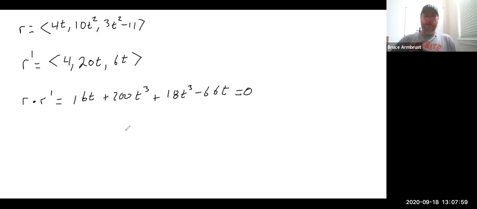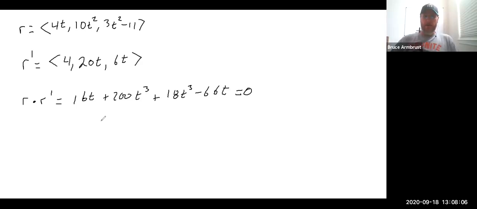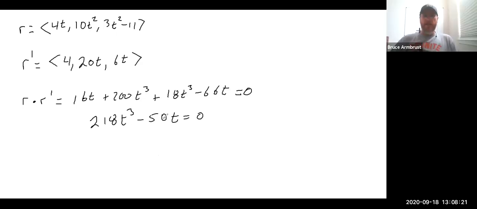Yeah. We're all good? Is it when t equals 0? Well, that is one of the values. There's going to be more than one. If I group like terms, I've got 218 t cubed minus 50t. And yes, t equals 0 does work. I think that was Jordan who said that.